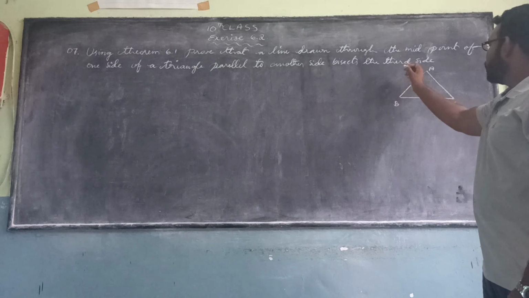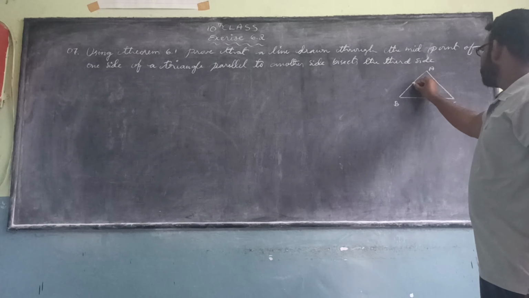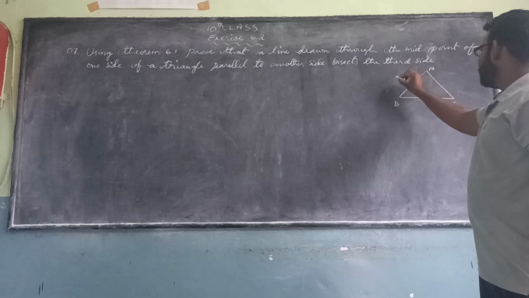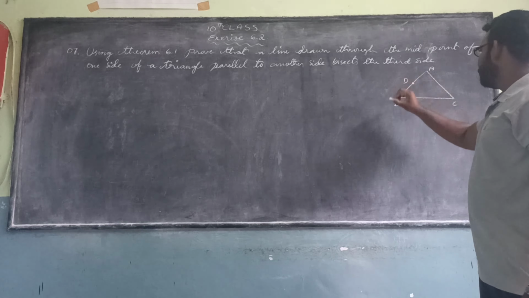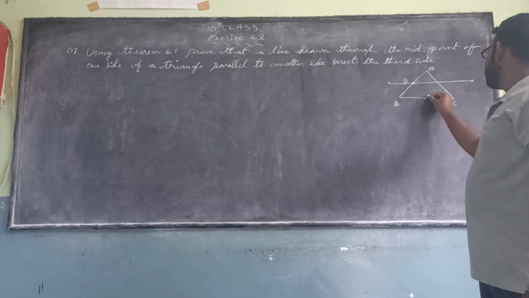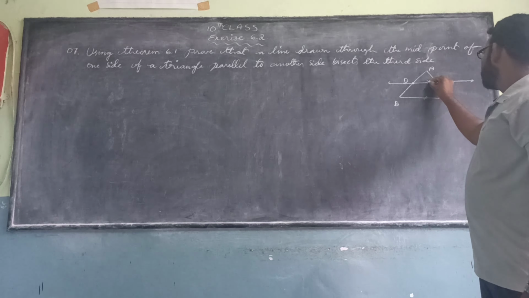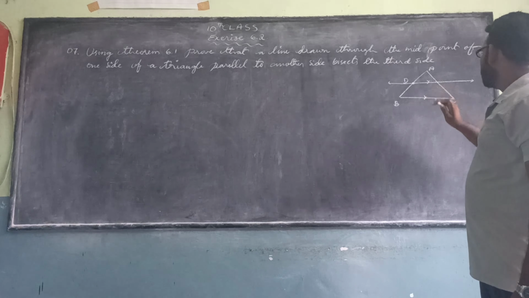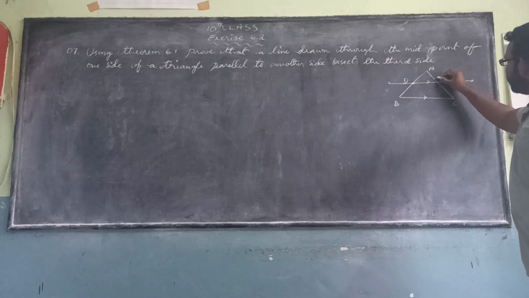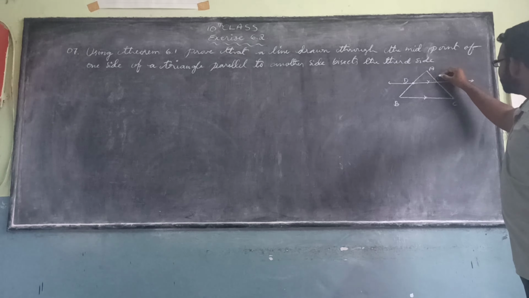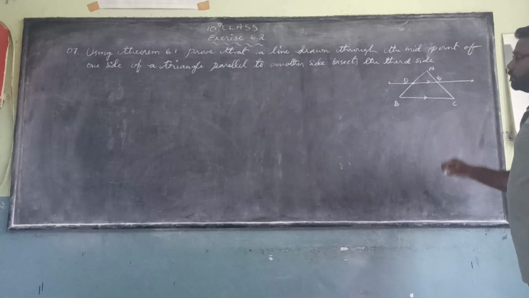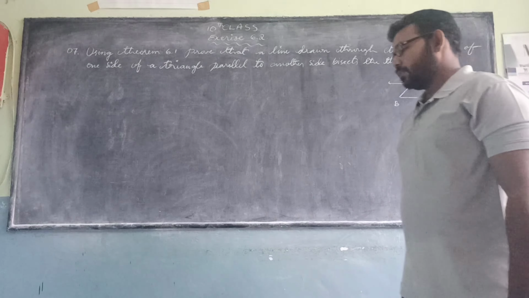In it, the midpoint of AB, let it be point D. Here, a line is passing through the midpoint, which is parallel to BC. So here, let the point of intersection of the line with AC be E. So this is the construction.